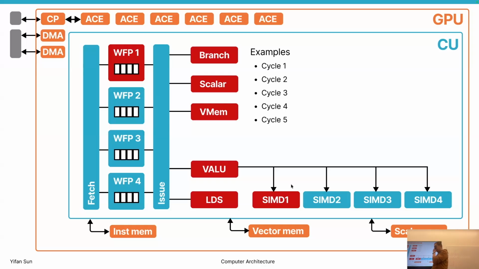So actually in AMD, there are 2 teams designing the whole core. One team is responsible for everything other than this part. I'm not particularly sure about LDS, but at least this whole part is one group, and this group may have 10, 20 people.